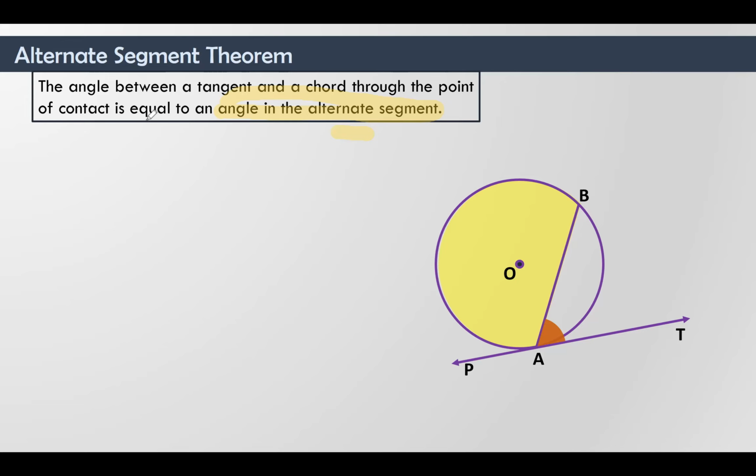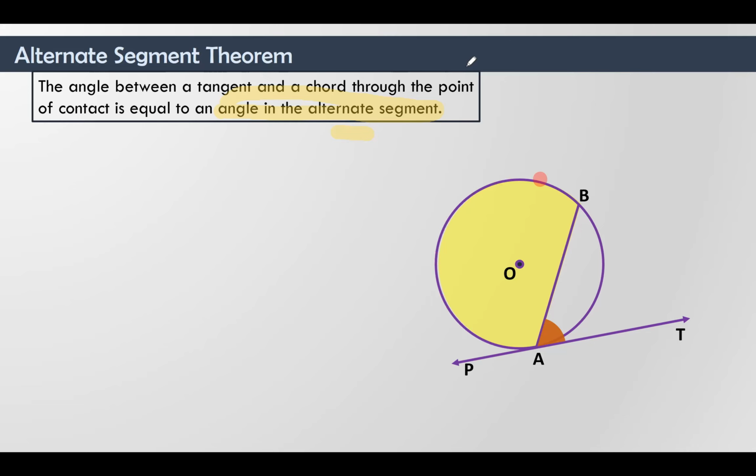And according to the theorem, any angle in this alternate segment formed by the chord, that is joining the endpoints of a chord to any point on this segment, will be equal to angle BAT.